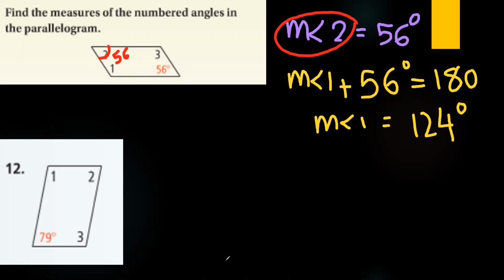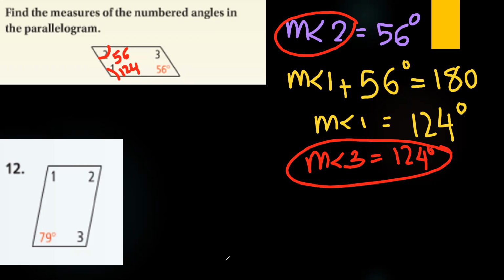What about the measure of angle 3? 124, because it is opposite to the 124. Also, Miss, we can use the consecutive angles, the measure of angle 2, 56, plus the measure of angle 3. Bravo, you will get the same answer. So you have two ways to find the measure of the angles.